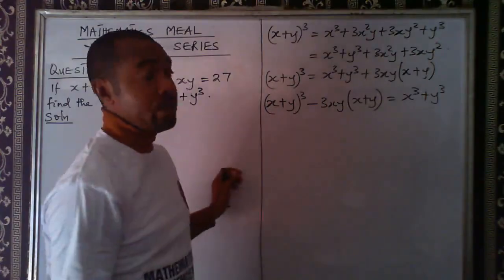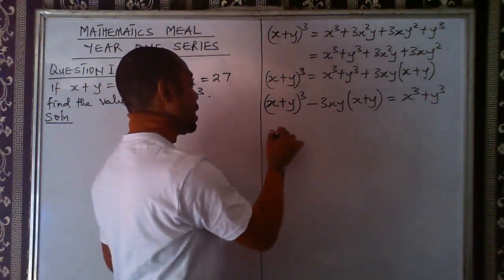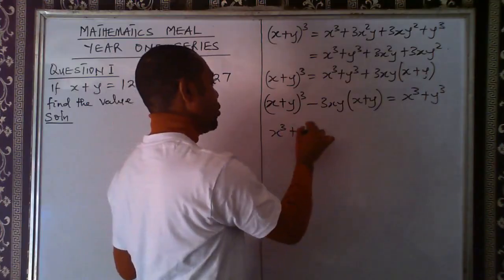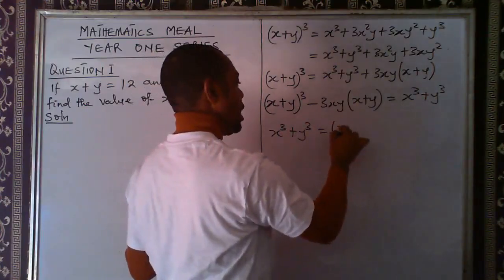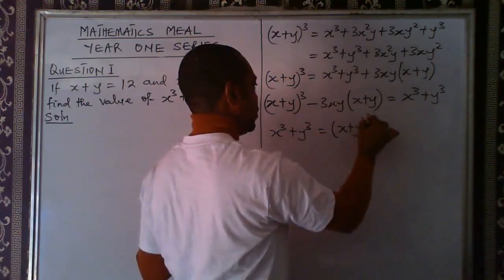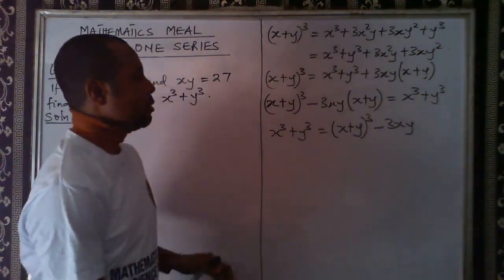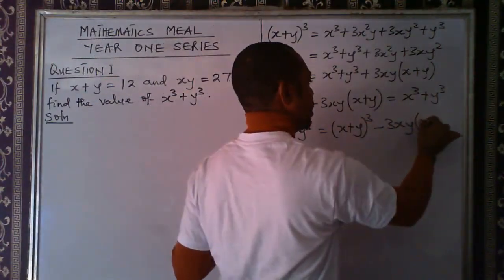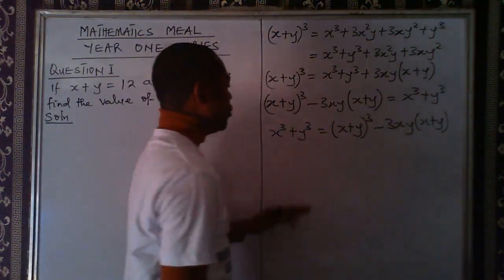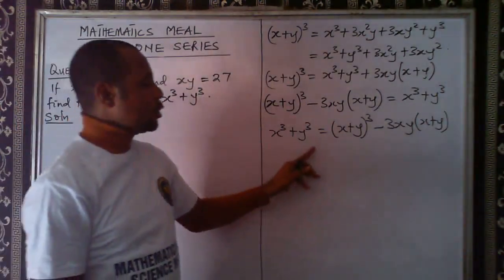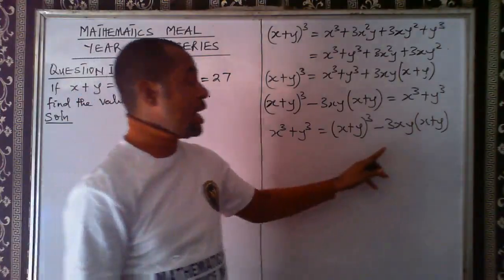I've made this the subject of the formula. Rewriting this, x cubed plus y cubed is equal to x plus y all raised to the power 3 minus 3xy bracket x plus y. Now you notice that I've expressed x cubed plus y cubed in terms of x plus y and xy.